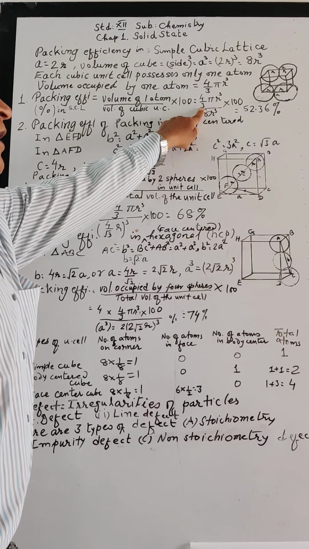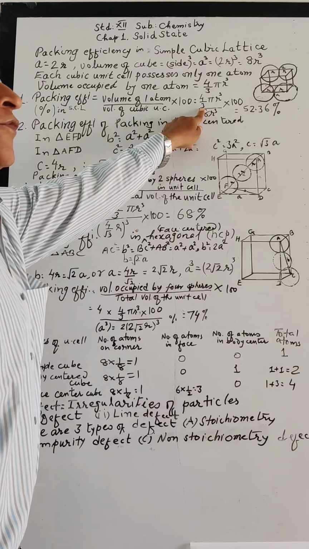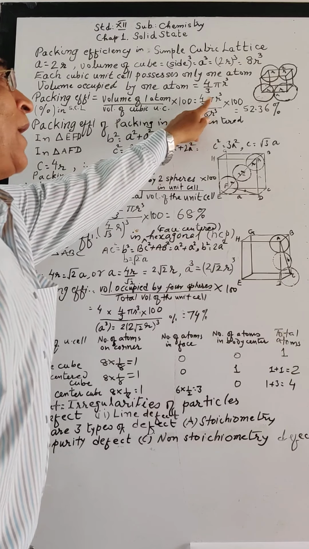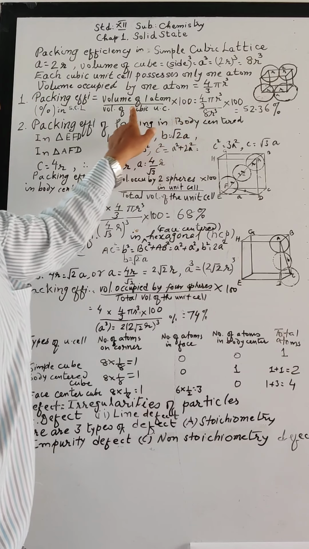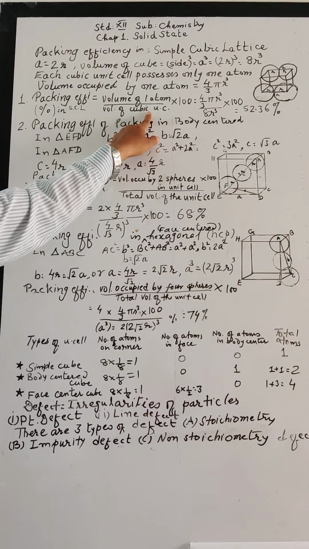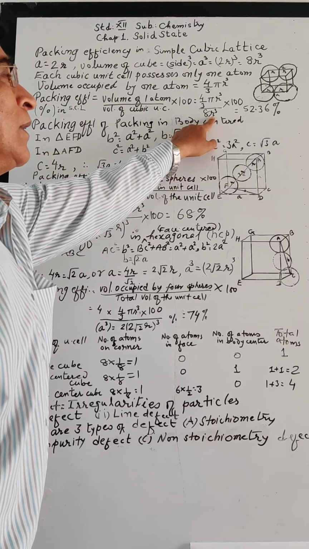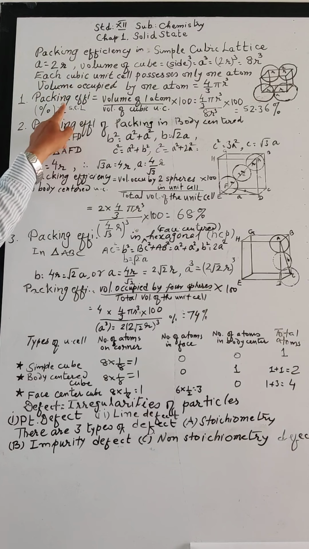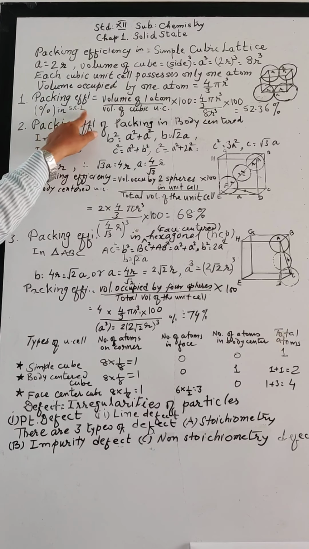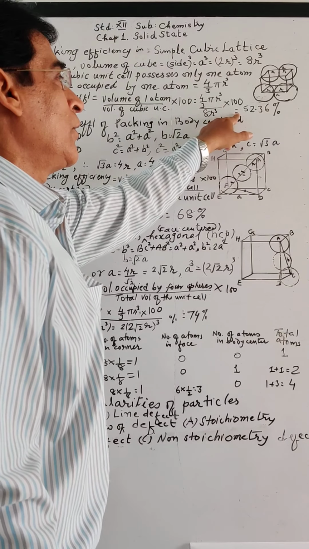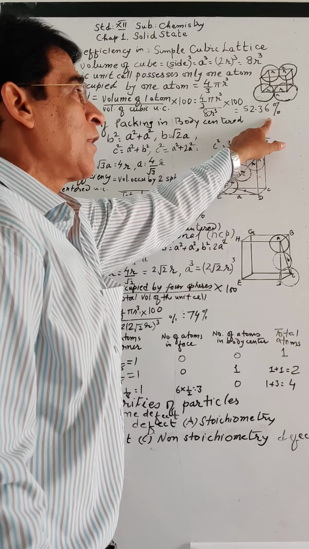Volume of one atom formula 4 upon 3 pi r cube divided by volume of cubic unit cell, that is 8r cube. Packing efficiency in simple cubic lattice is equals to 52.36%.